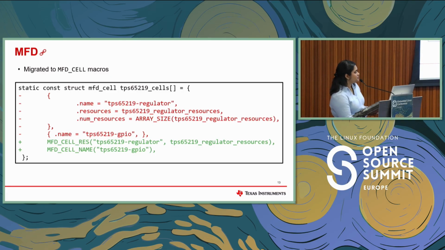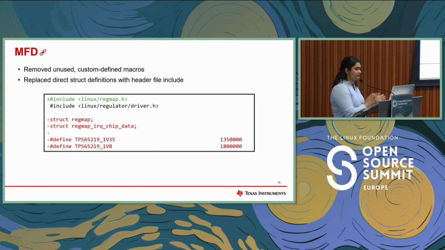For the MFD cleanup series, I migrated the existing code to use MFD cell macros. I feel like this helps standardize all of the code before going in and adding the new PMIC support, or else that would have just been a mess of a series. I also removed any unused custom defined macros, like the last 2 defining voltage values.